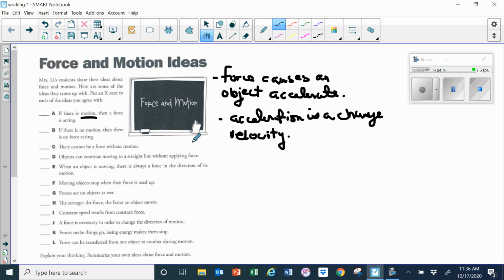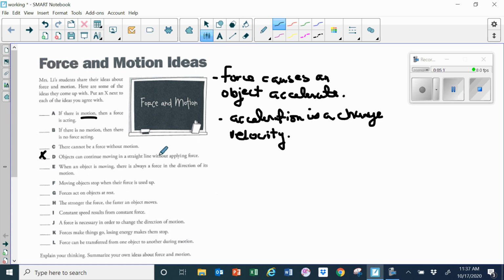So if you look at D, objects continue moving in a straight line at the same velocity without applying a force, well, yeah, an object moving in a straight line at a constant velocity is not accelerating. So if it's not accelerating, then there is not a force. So number D is true.